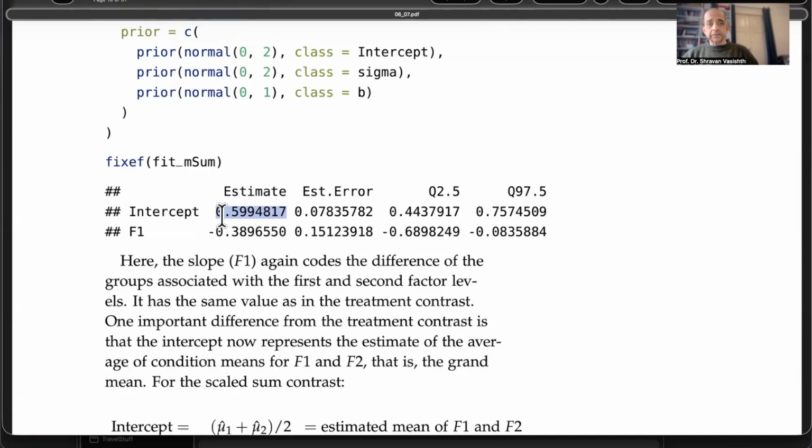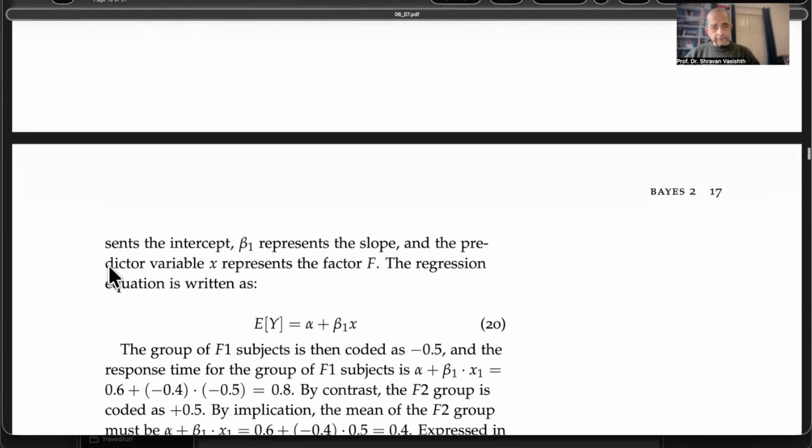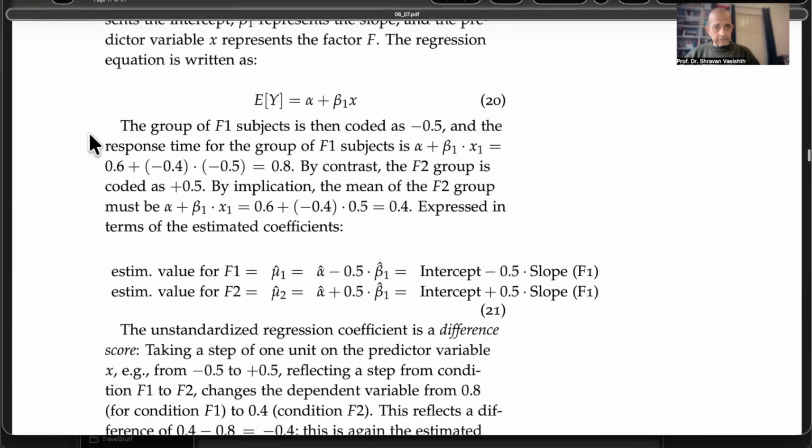So what will happen is, if you have any imbalance in the data, this estimate will not exactly represent the difference between the two means. It'll be a weighted average, right? Because if there's some missing data, then the calculation of the average will be a weighted mean, right? So this is explained here.